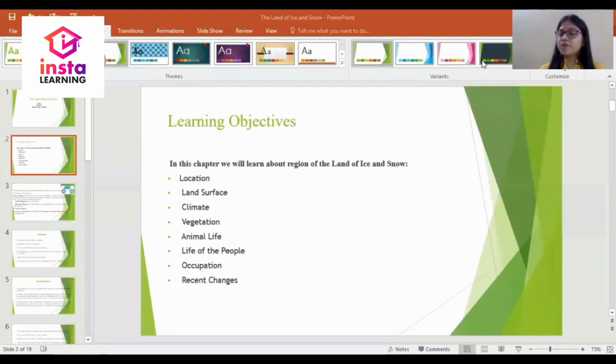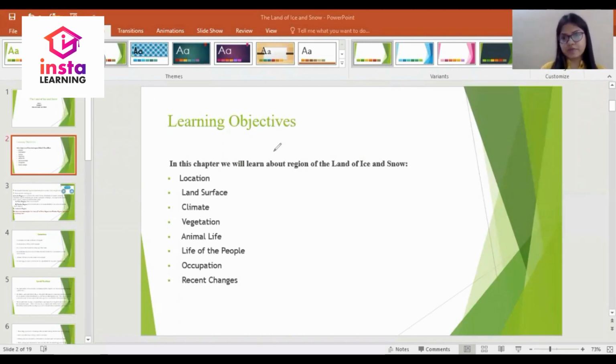Very first, you should know what the learning objectives of this chapter are, what you will learn in this chapter. As I am sharing my screen with you, these are the learning objectives.